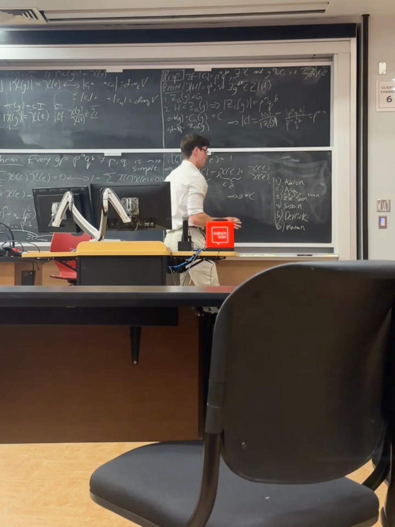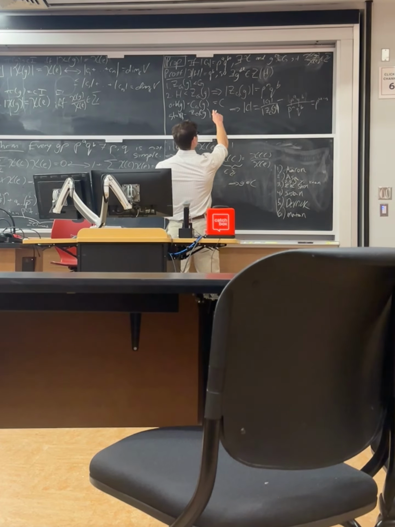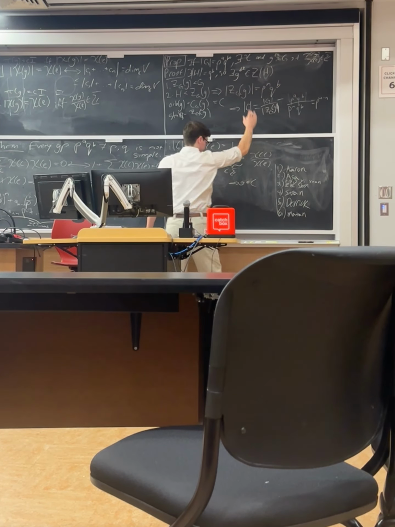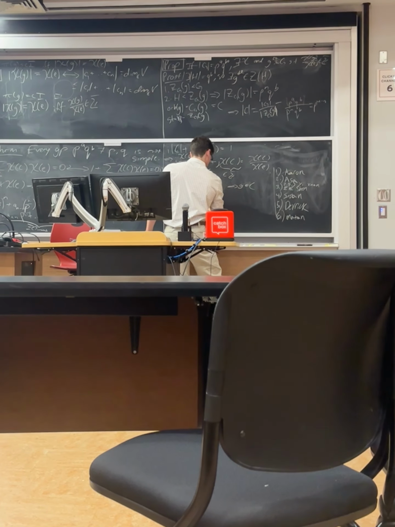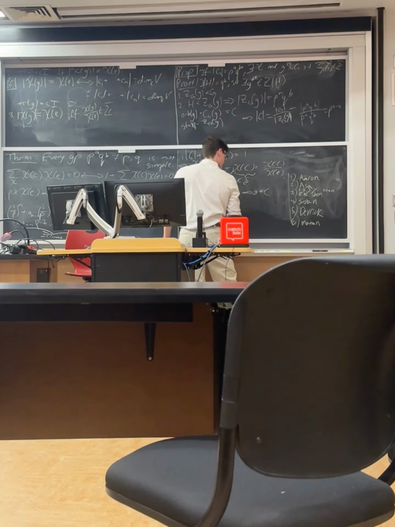Consistency class, which is non-trivial, just because g is non-trivial. So we have that pi of g over pi of e is an algebraic integer.